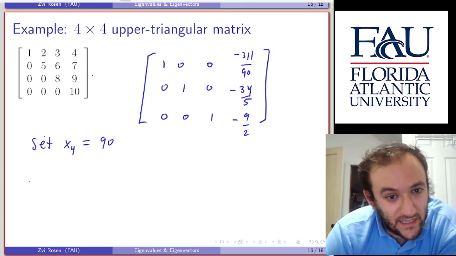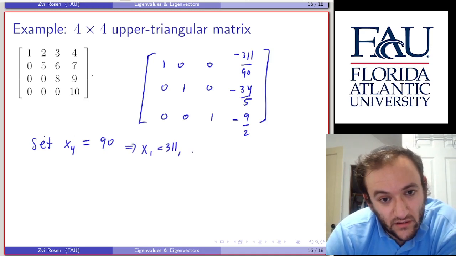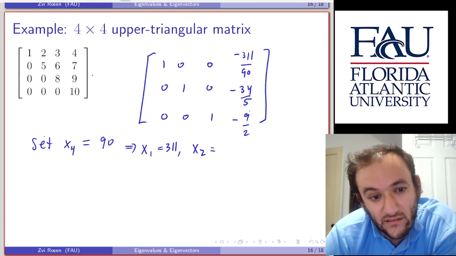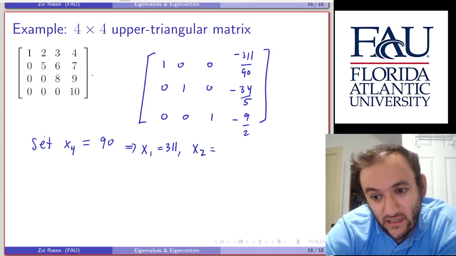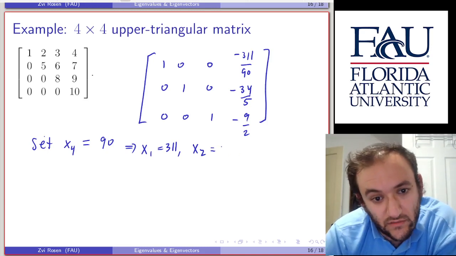x4 equals 90, and then this implies that x1 is equal to 311, x2 is equal to 34. Sorry, 34 times 90 is 18 times 5, so we have 34 times 18, which is 612.